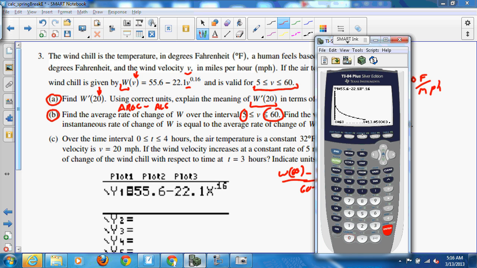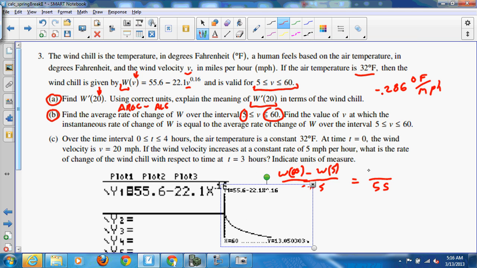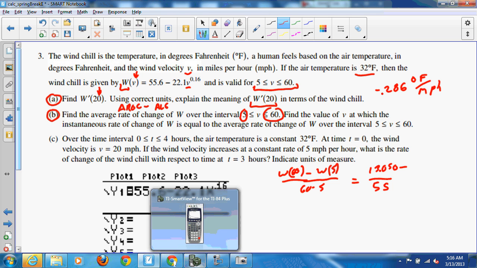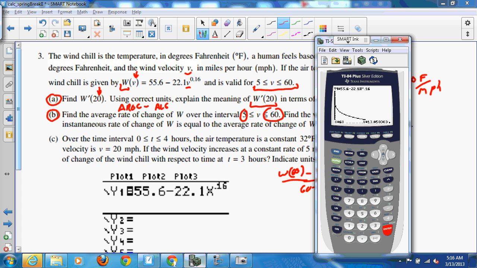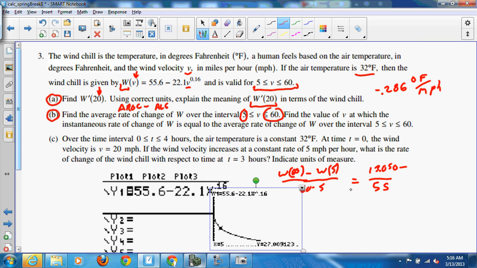and we get 13.05. And then we'll go back and do the same thing for 5. So trace and 5, and we get 27.009. Just crank through that and see what we get.